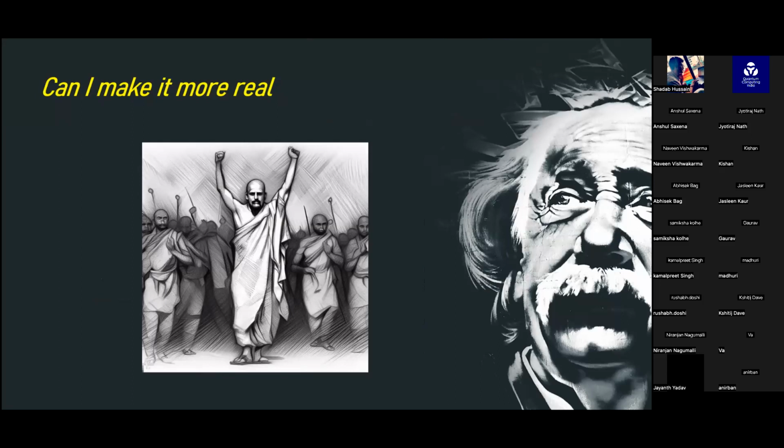It's a pencil sketch. Now, how can I make it more refined and more realistic? Can a quantum computer visualize Mahatma Gandhi leading the Satyagraha? This is the question. So, how can I make it more real, right?